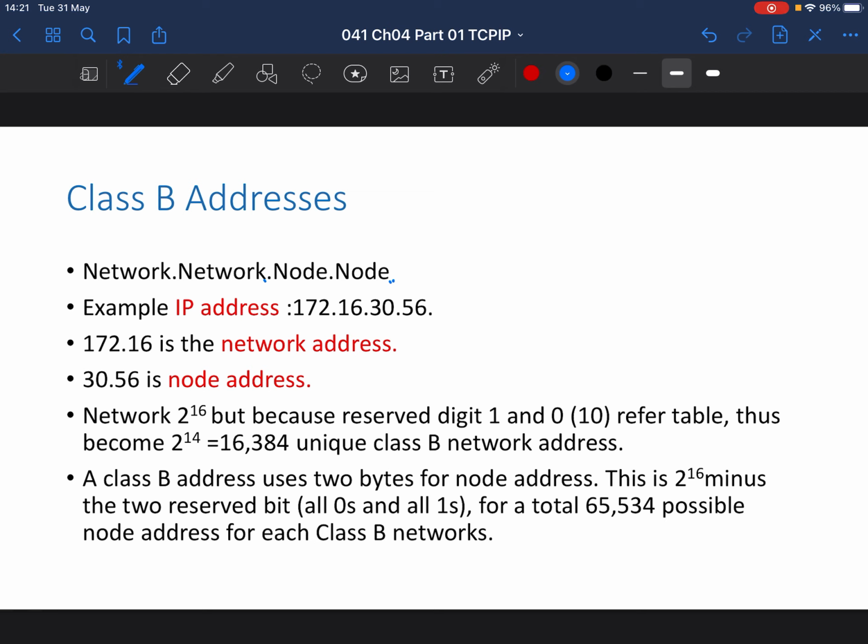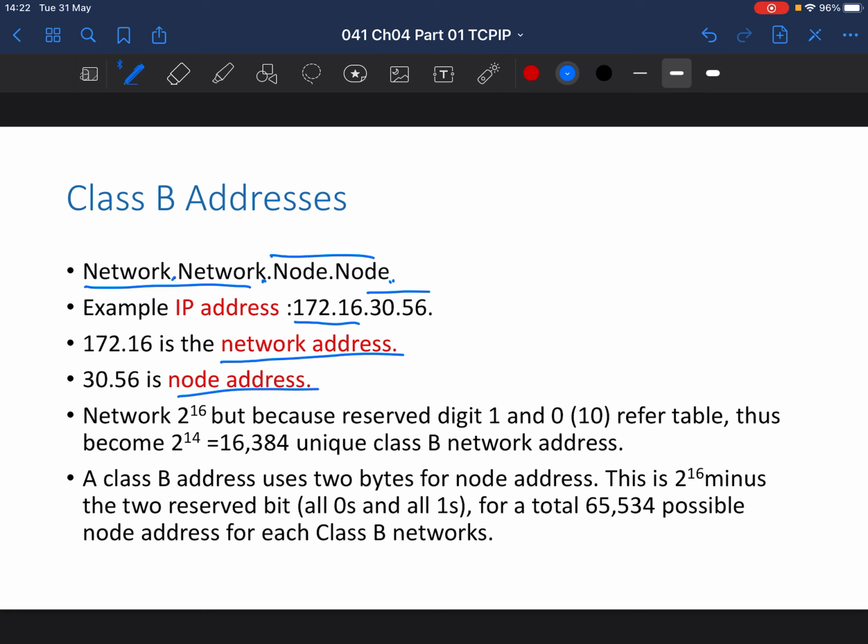Class B address. Network.network.node.node. So you have 2 bytes for the network and another 2 for the node or the host. Example IP address 172.16.30.56. 172.16 is the network address and 30.56 is the node address.